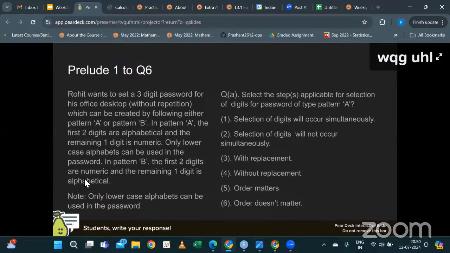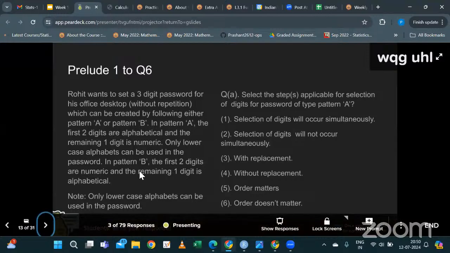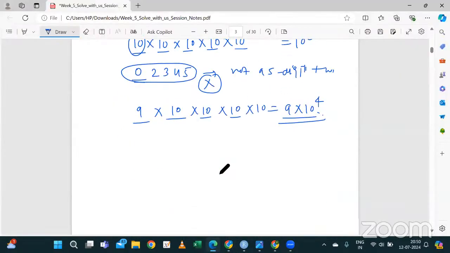By reading and attempting this question, you will be able to know the correct steps, and if you identify them, you will not make a mistake about whether to use permutation or combination.